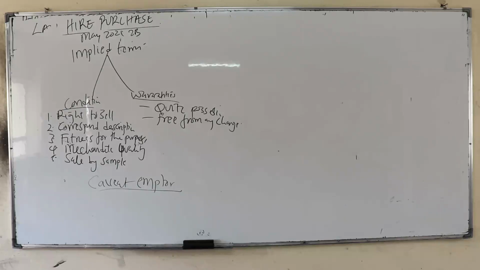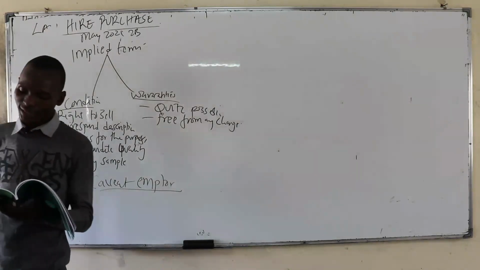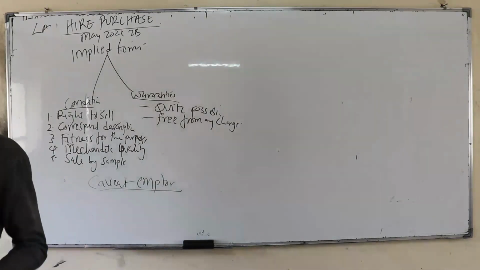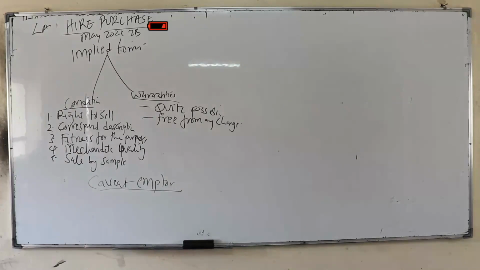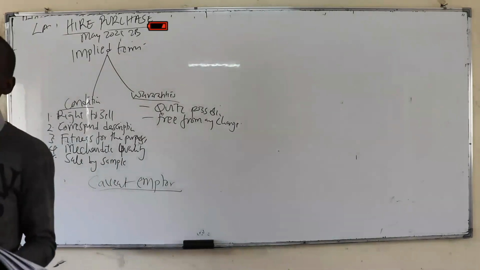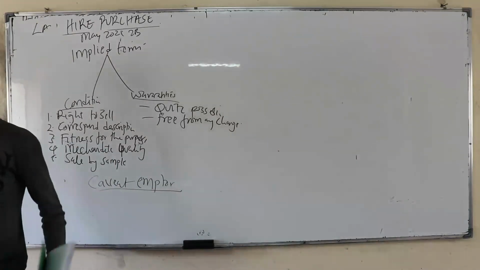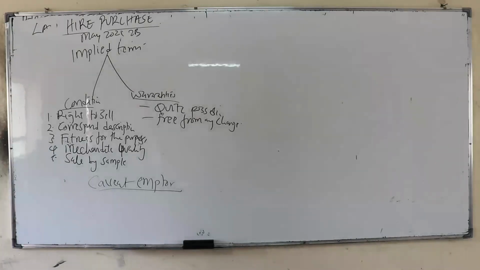Then number 2, are you writing? Number 2, where the buyer relies on the seller's skill or judgment when buying the goods. You go to a shop to buy medicine, and then this person tells you this medicine is not good, take this one.